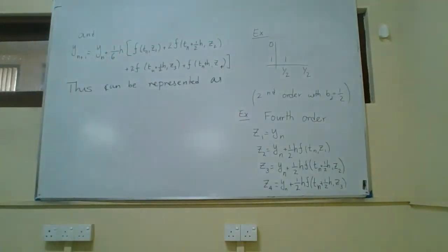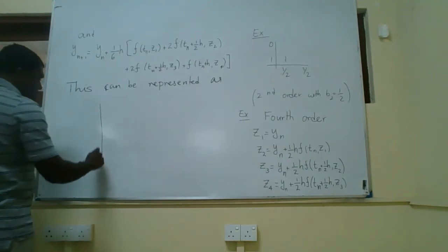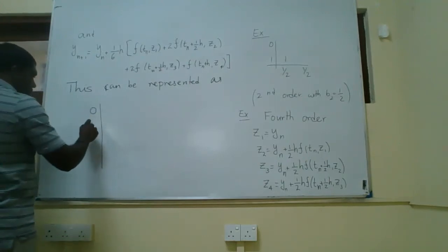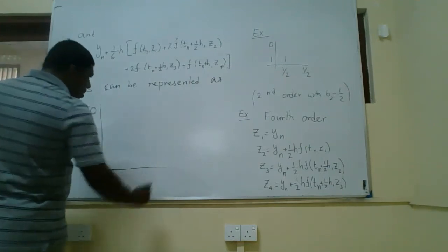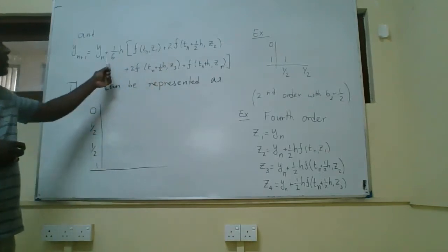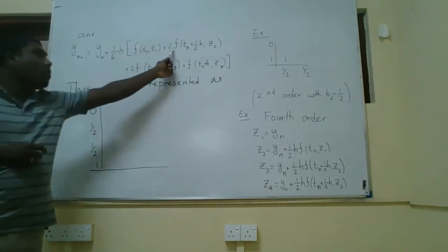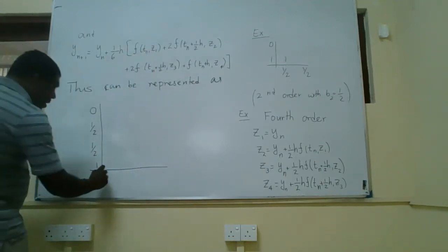And then the c4 is 1. And then your b's are, remember 1/6, you have to multiply it here, so it's 1/6, 2/6, 2/6 and 1/6. So that's important.